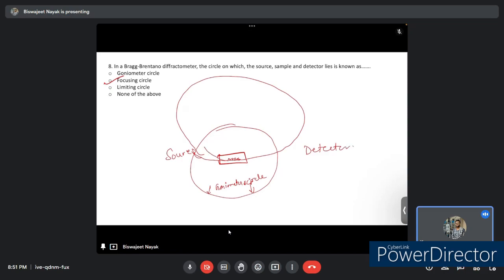For different sources, different circles are there, and different detectors for the same.